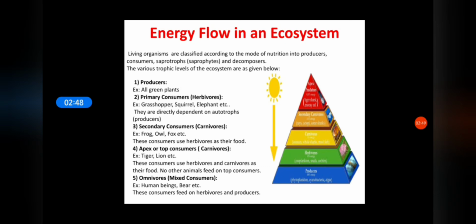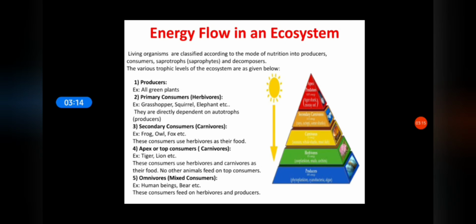First is a producer. All green plants are considered as the producers of the ecosystem. Second, primary consumers, which are also called herbivores. They are directly dependent on the autotrophs. Example, grasshopper, squirrel, elephant, etc. Third, secondary consumers.